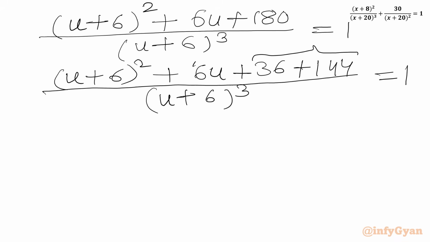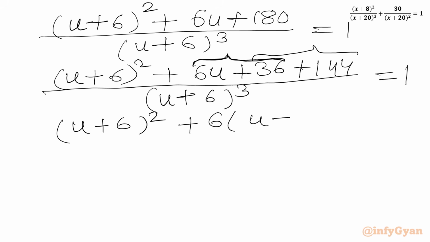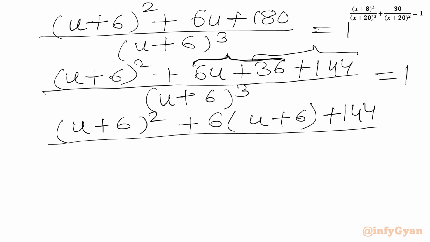Now from these two terms, we are going to take 6 common out. So I will write u plus 6 whole square, 6 is common. In bracket, we will write u plus 6. Then we will write 144 over u plus 6 whole cube equal to 1.